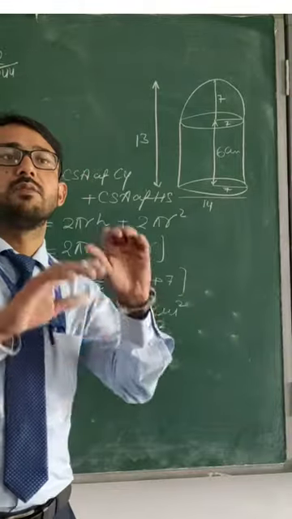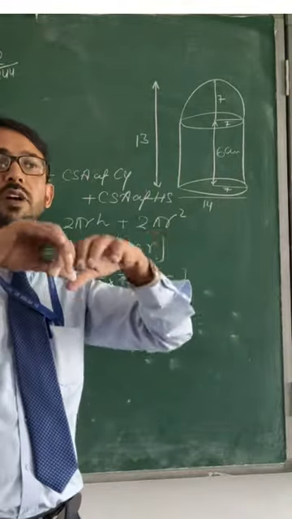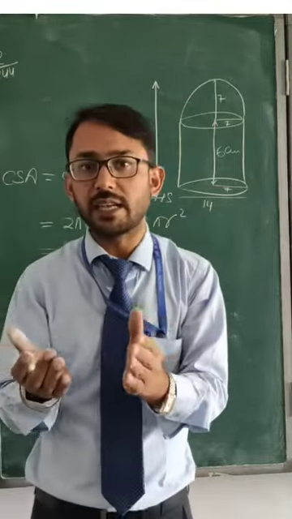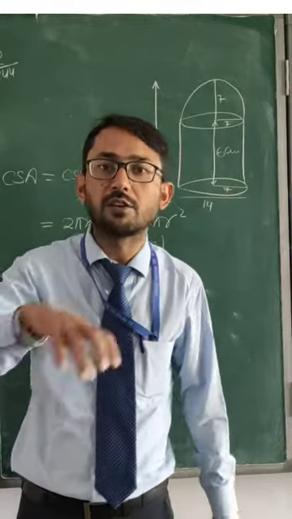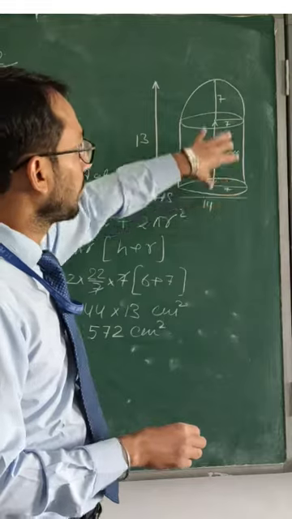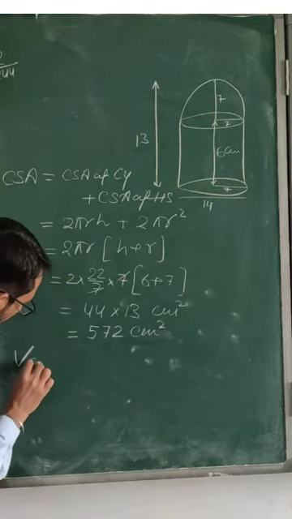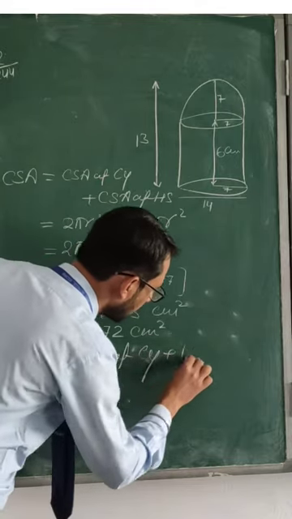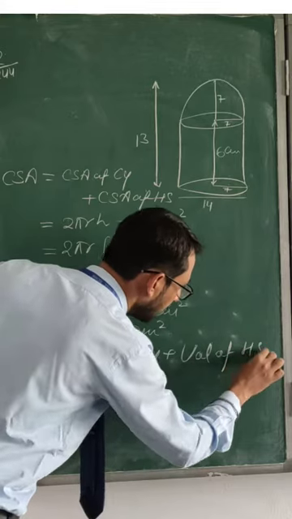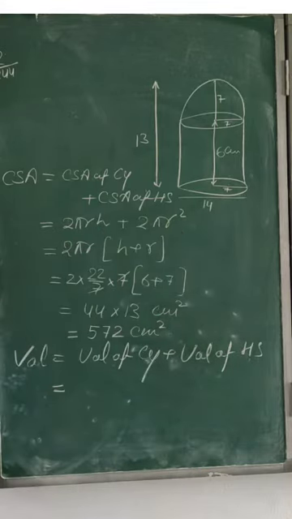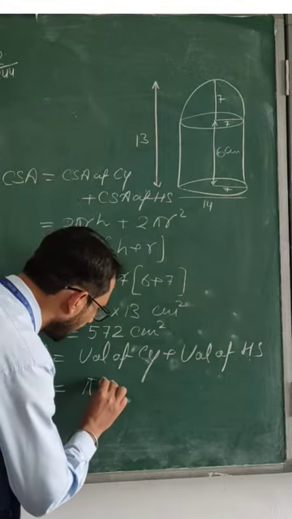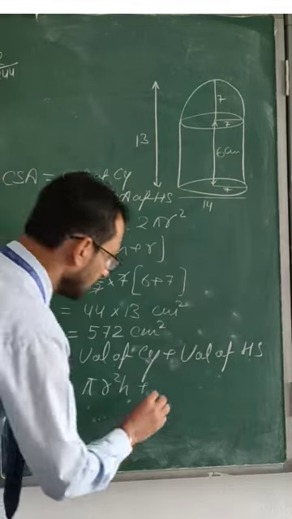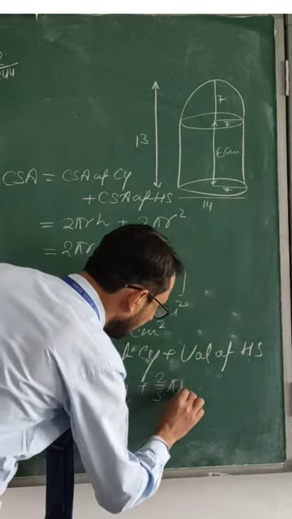In case they want to know how much air, or what is the volume of this body, they might ask us the volume, or the amount of air occupied in this hollow system or toy-shaped thing. So the total volume will be equal to volume of cylinder plus volume of hemisphere. Volume of cylinder is pi r square h, plus volume of hemisphere is 2 by 3 pi r cube.